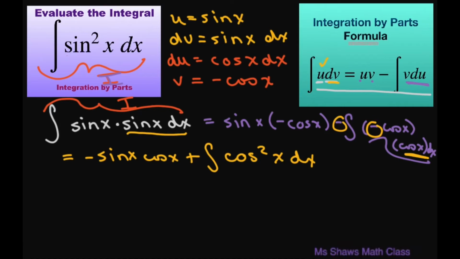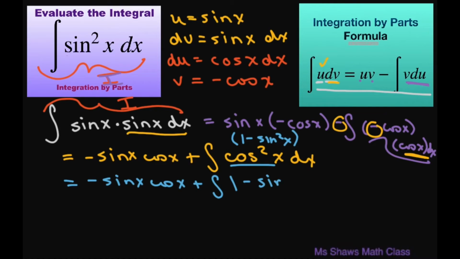The next thing I'm going to do is for cosine squared of x, I'm going to change this to 1 minus sine squared of x, using your Pythagorean identity. So negative sine of x cosine of x plus the integral of 1 minus sine squared of x dx.